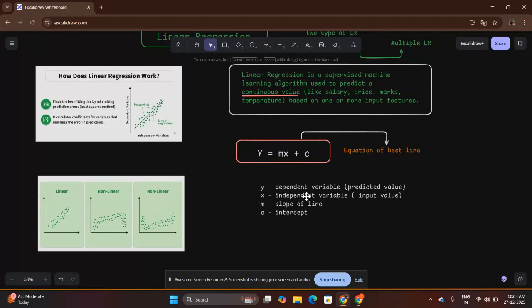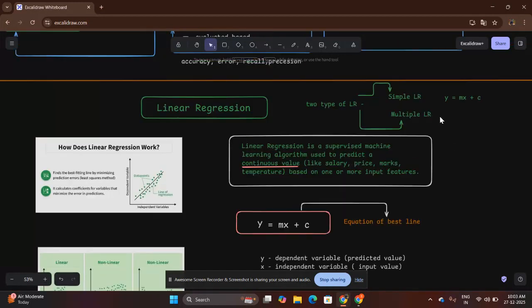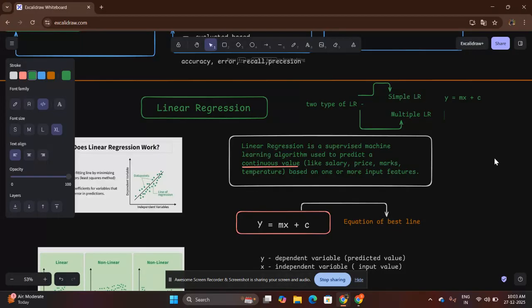But what happens in multiple linear regression? y = m1x1 + m2x2 + m3x3 and so on, plus b or c.